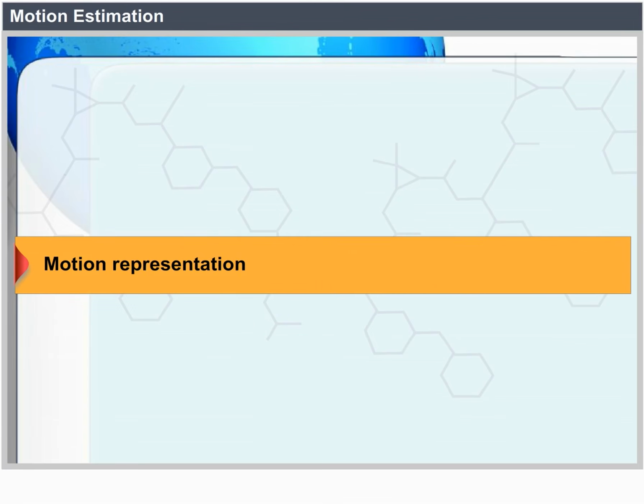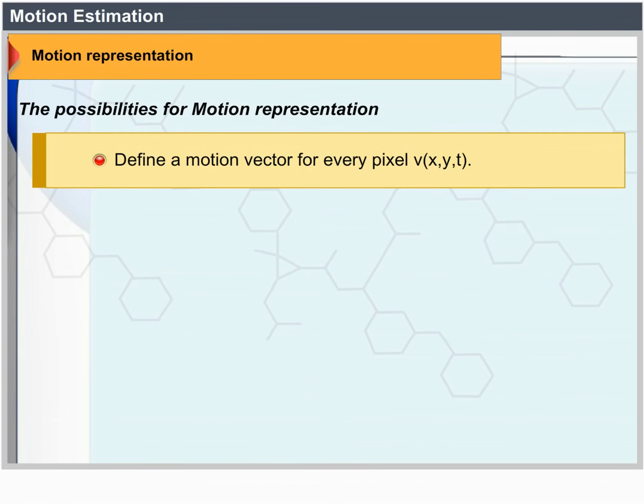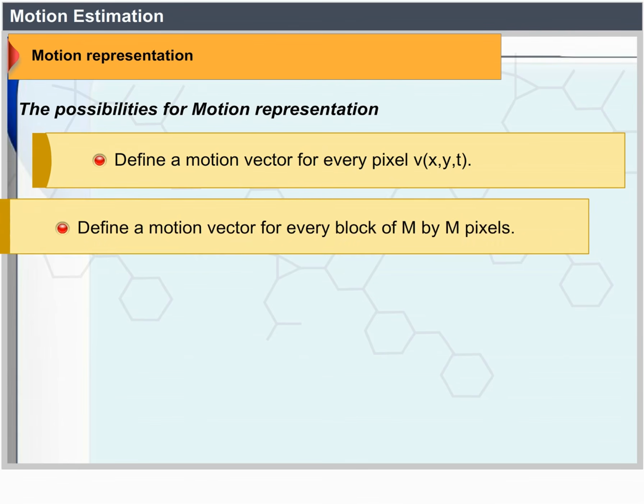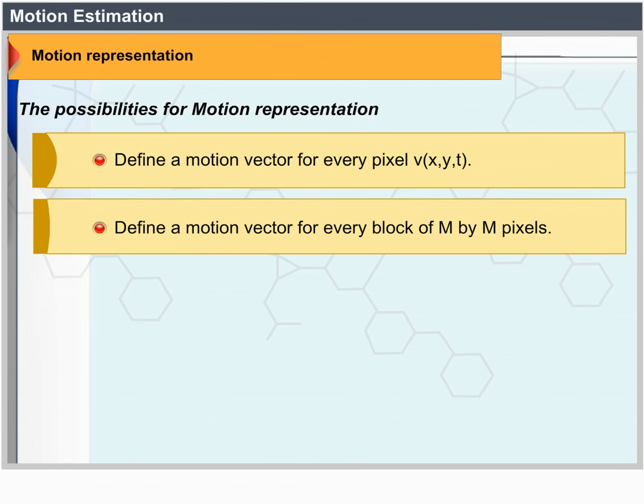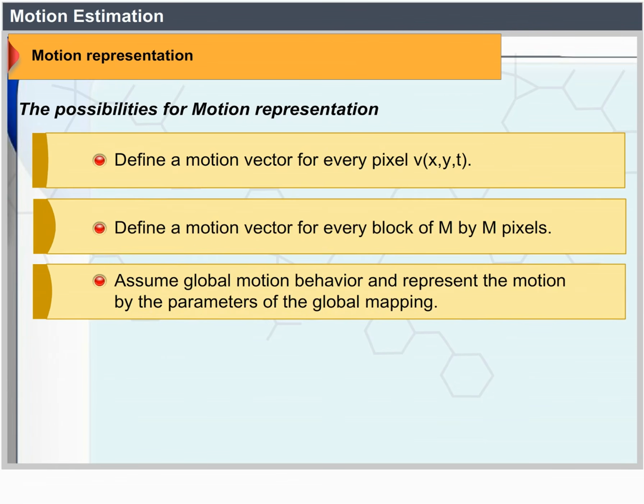Motion representation. The possibilities are: define a motion vector for every pixel v(x,y,t); define a motion vector for every block of m by m pixels; or assume global motion behavior and represent the motion by the parameters of the global mapping.